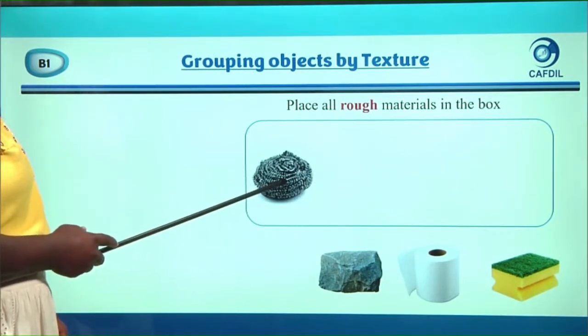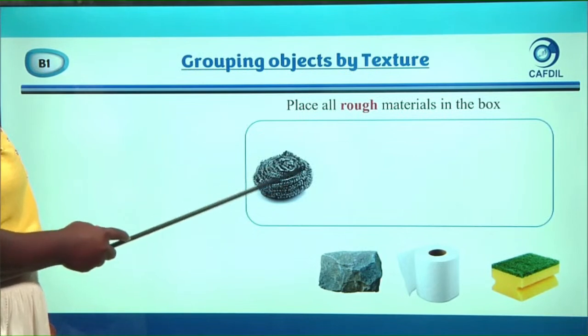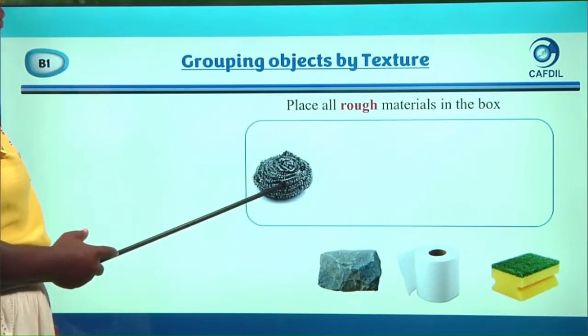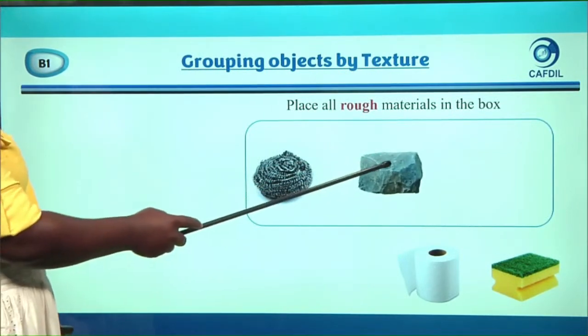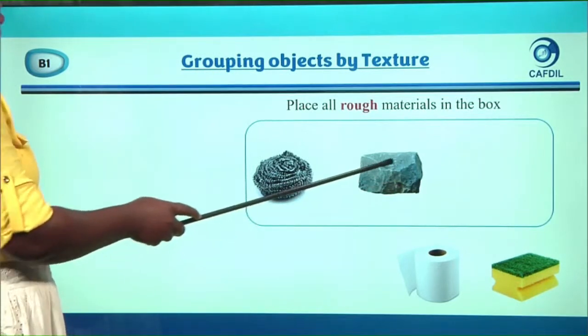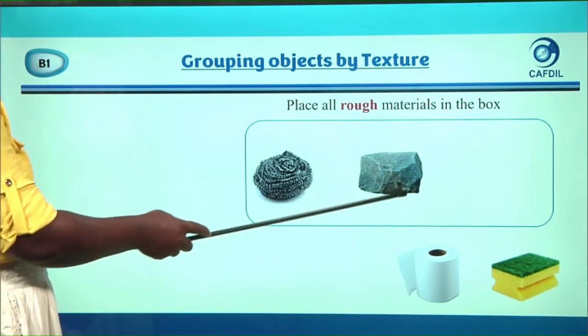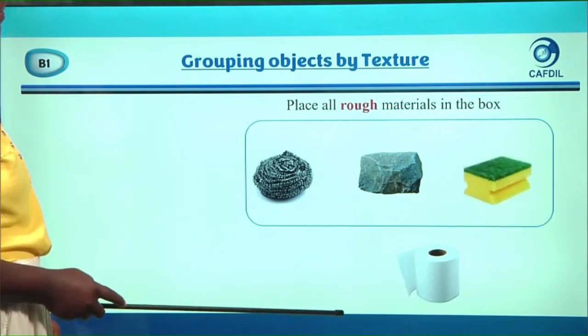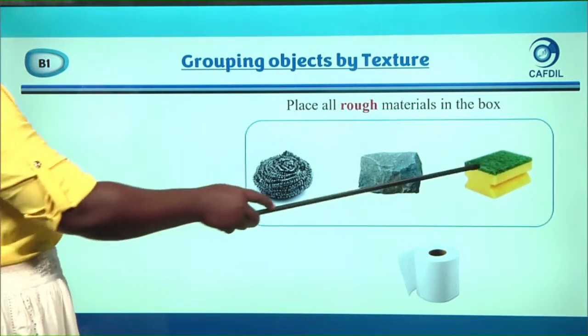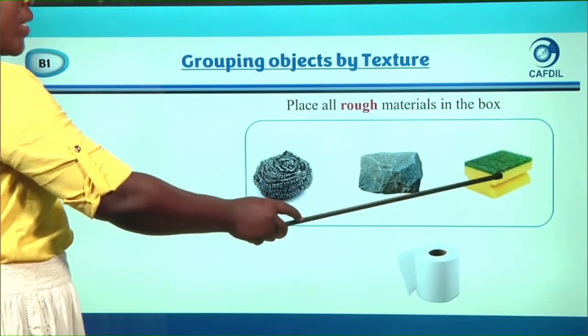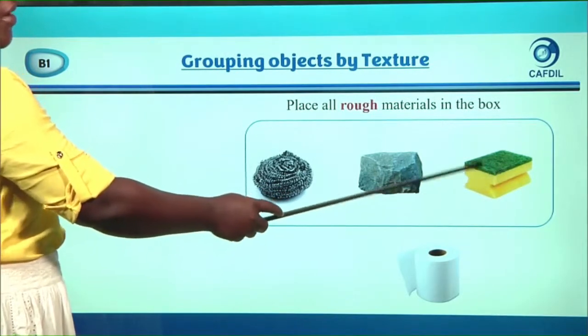So we have our silver sponge, which is very rough. Our stone, which is very rough. And our duster, which is also very rough.